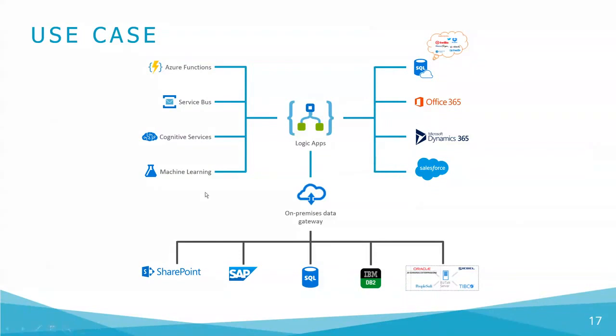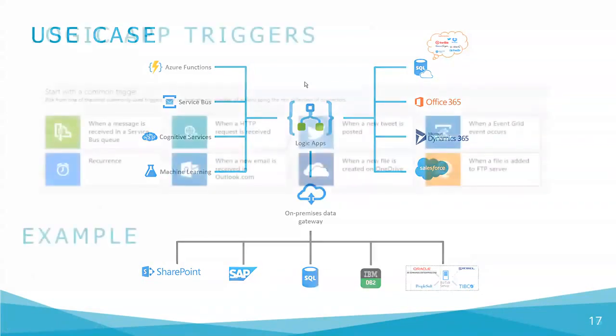For example, you can use a Logic app to trigger an on-premises SQL stored procedure in response to a cloud-based event or conditional logic in your workflow. So these are a few of the resources and activities using which Logic apps can orchestrate workflows today. They are very easy to set up and configure. We will look at it in the demo section.